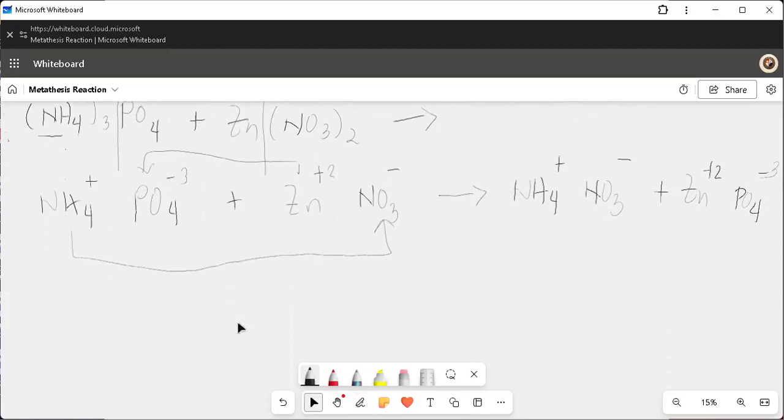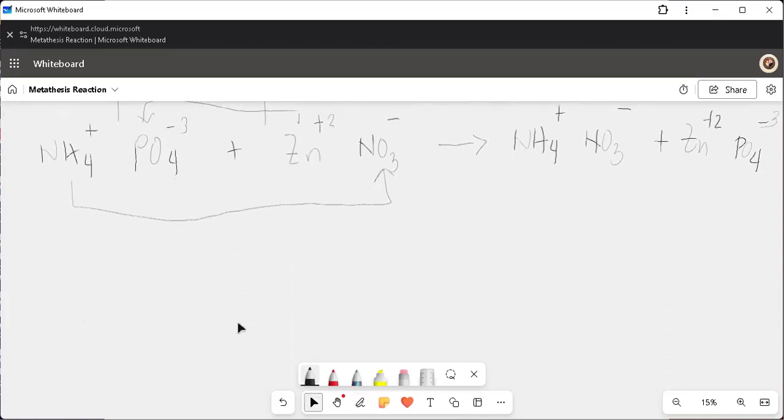Okay? So let me bring this up. So you have here now crisscross, crisscross. Since they are both 1 as magnitude, just cancel it out. So NH4 NO3. Plus here, they are different, so you need to consider putting them.